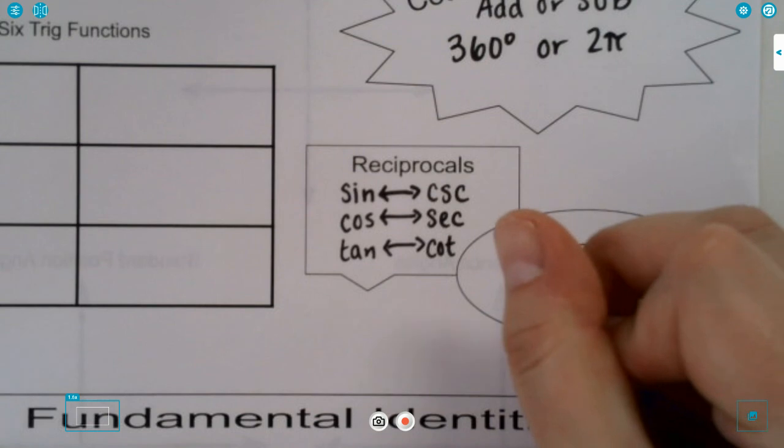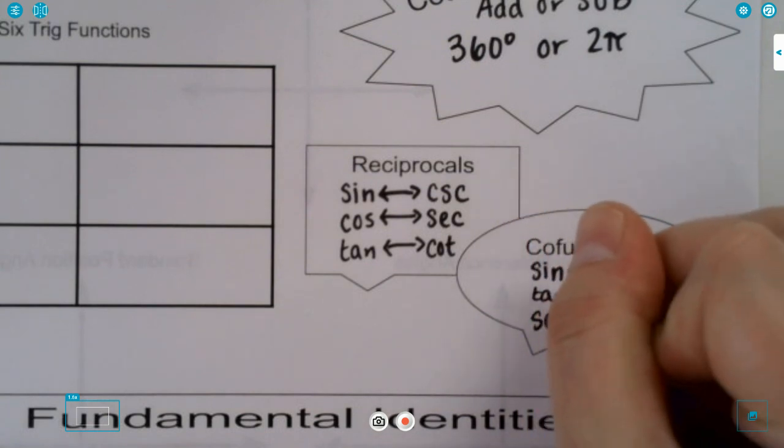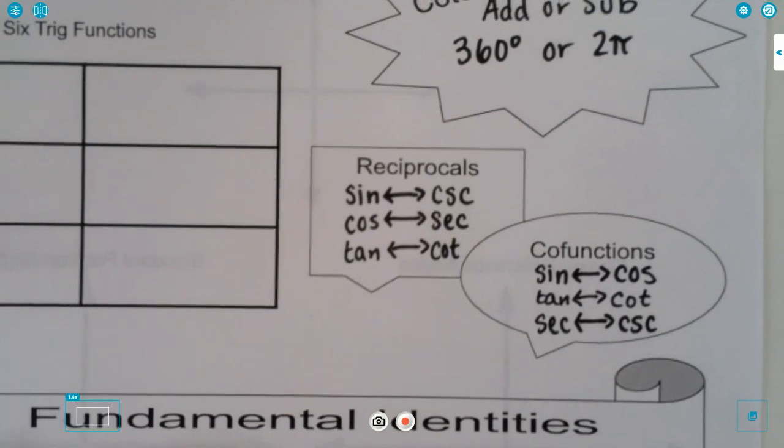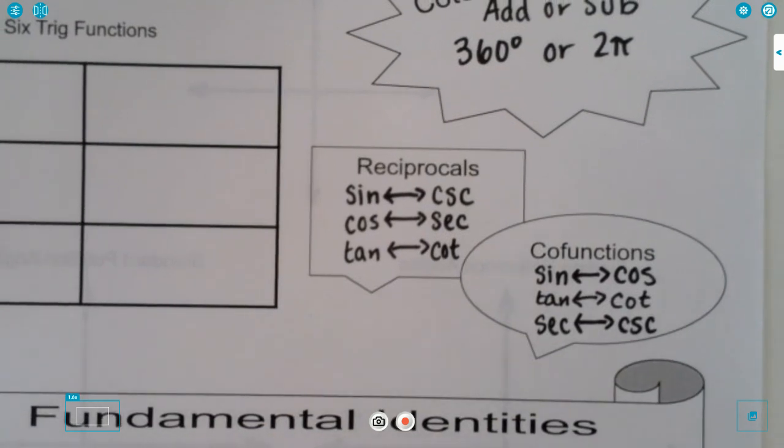And secant is a cofunction with cosecant. Okay, so you've got to know which ones are reciprocals and which ones are cofunctions. On your review, there are 2 cofunctions.